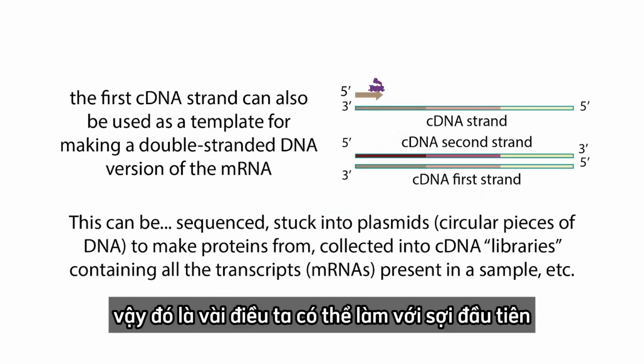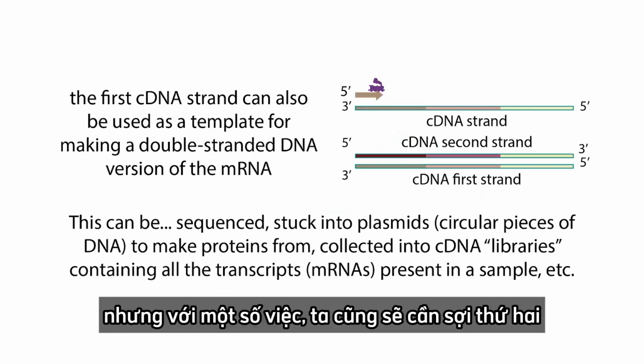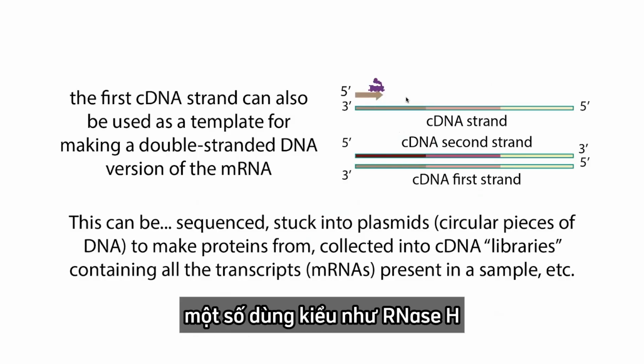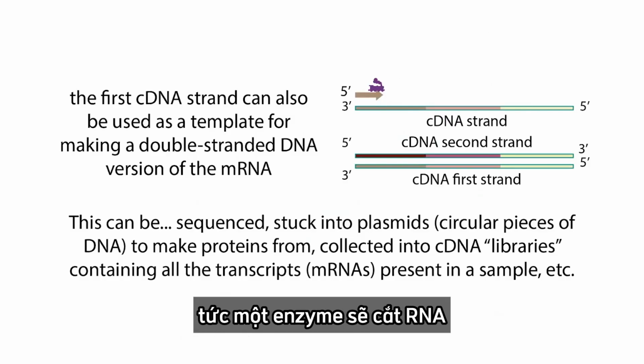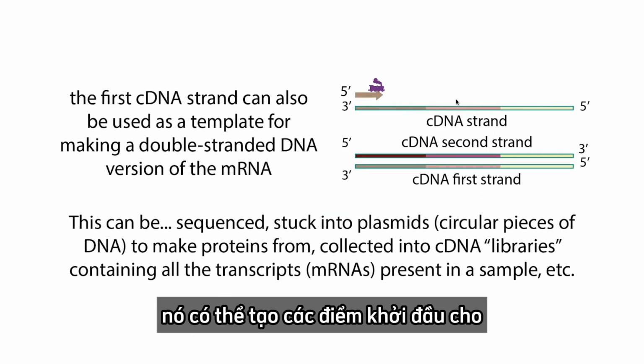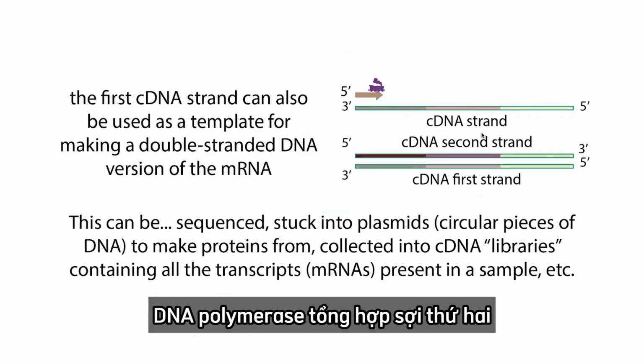So those were some things that we could do with that first strand, but for some things, we're going to need the second strand as well. There are various strategies for getting the second strand. Some of them involve using an RNase H, an enzyme that's going to cut the RNA in an RNA-DNA hybrid. If it nicks the RNA, it can make starting points for DNA polymerase to generate the second strand.